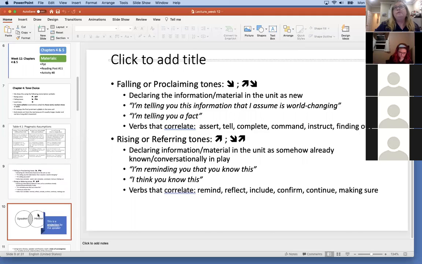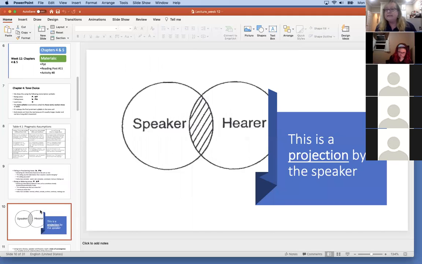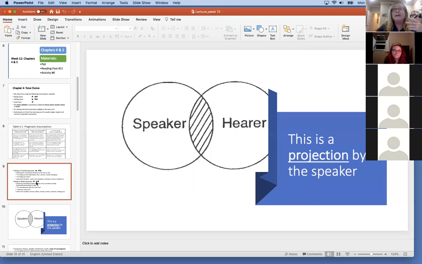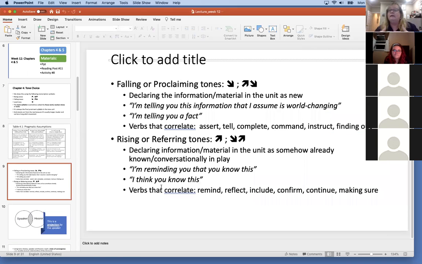So remember also when you're doing this, that this is a projection by the speaker onto the hearer. So for example, when Sarah, I think it was Sarah, was talking to us last week about using rising tone with her kids, that's a classic way of projecting, we're in this together.